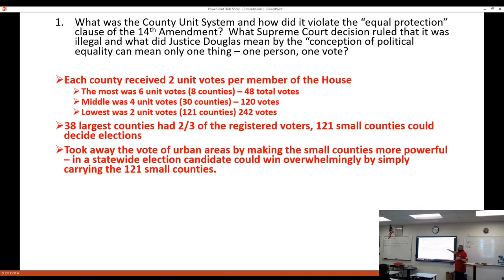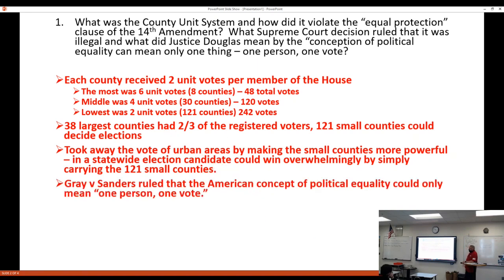And so this is aimed at taking the vote away from the black people of Georgia. By and large, that's its purpose. And it does a good job of it. Again, in a statewide election, if you can win the small counties, you can win the election.